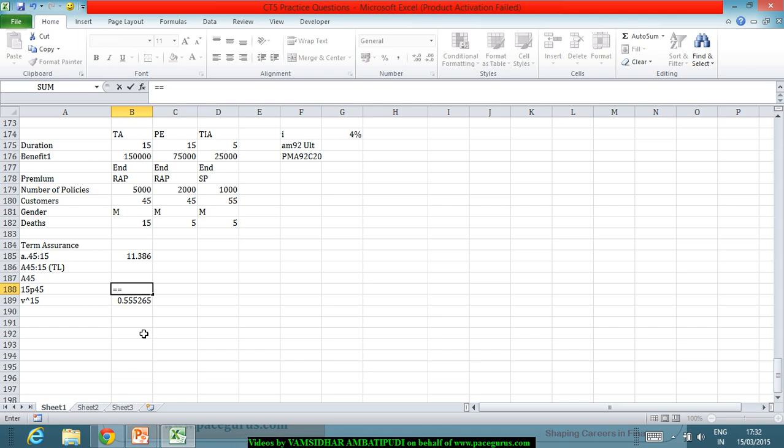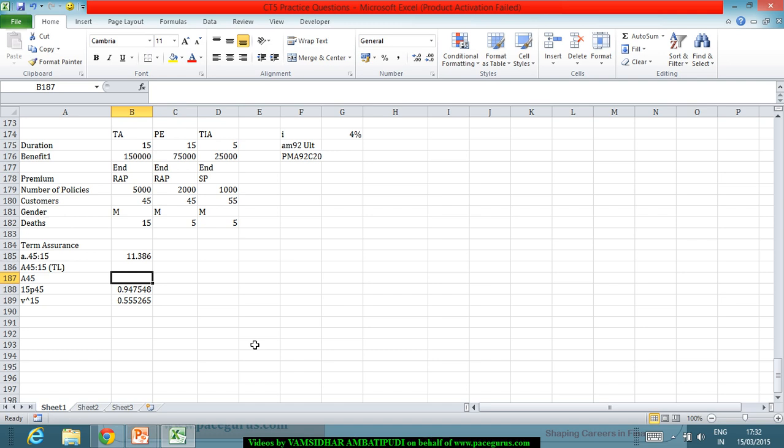L60 for me is 9287.5 2164 divided by L45, 9801.3123. So this is 15p45 and A45 at the rate of 4% interest.